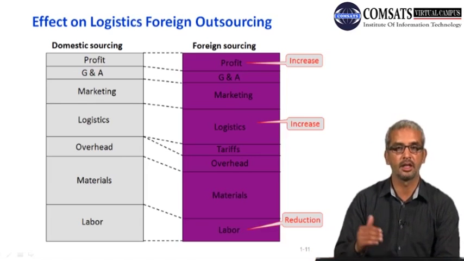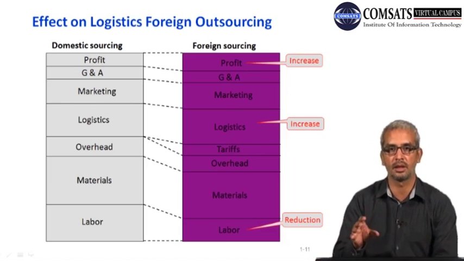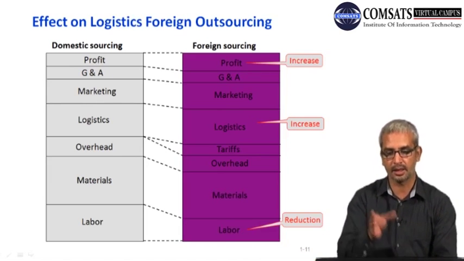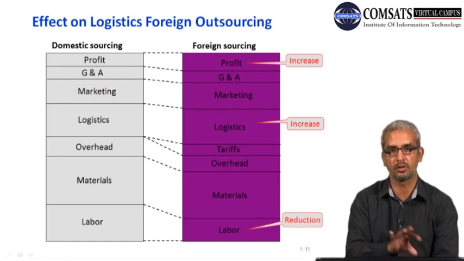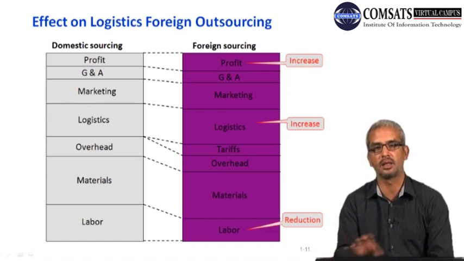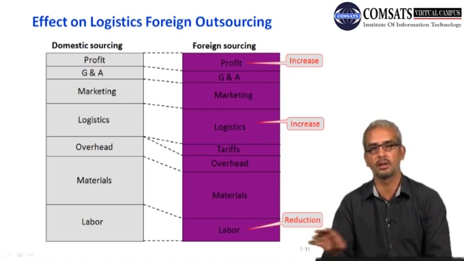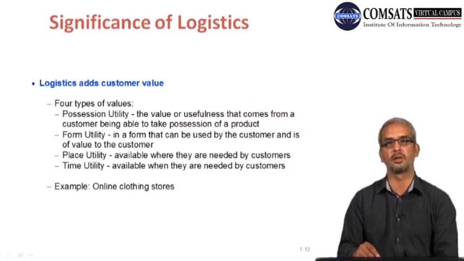So there is a trade-off between reducing material and labor cost with logistic cost. This is an interesting schematic representation showing why supply chain lines are lengthening, because countries are going global to tap better opportunities.